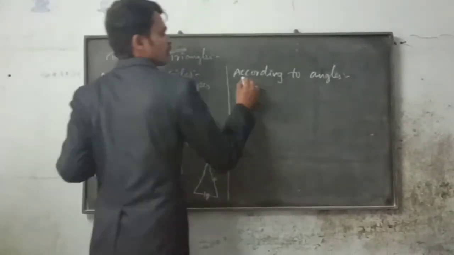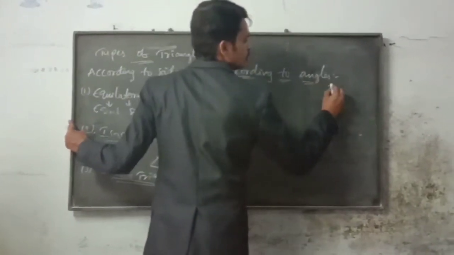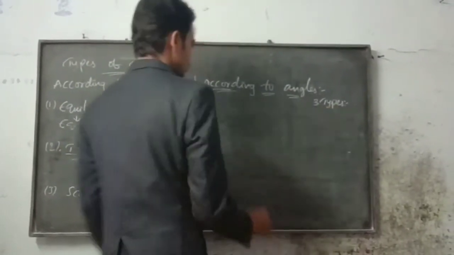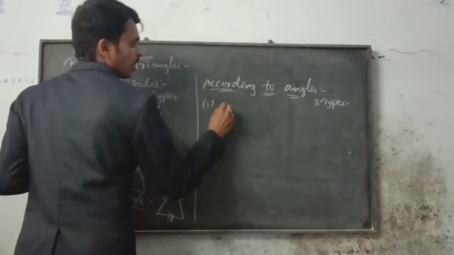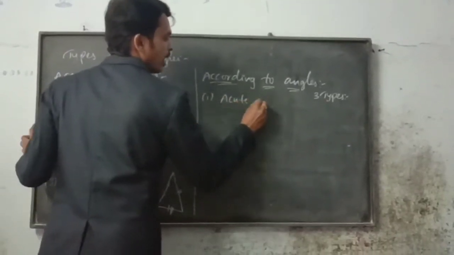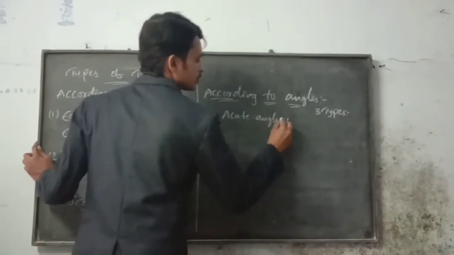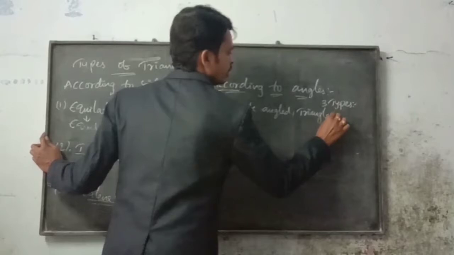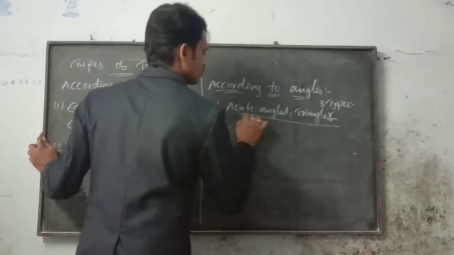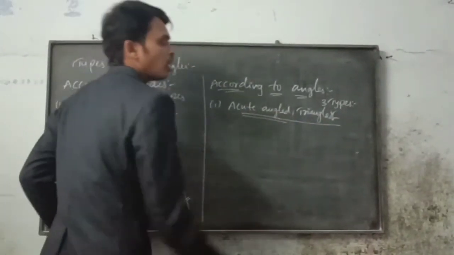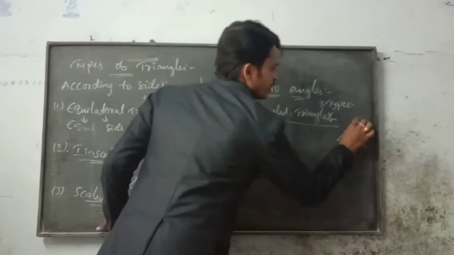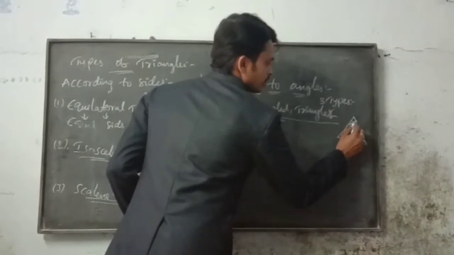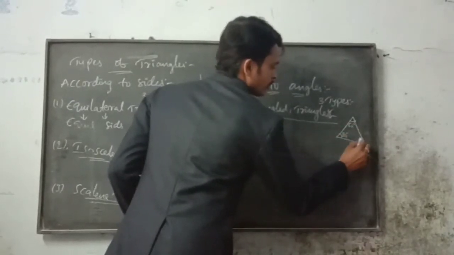Next, according to angles, 3 types. First one is acute angled triangle. In a triangle, all angles are acute angles, that is, less than 90 degrees. 60, 80, 40.